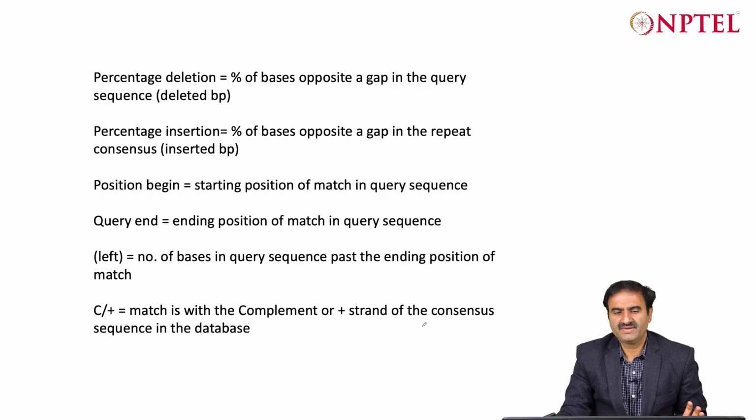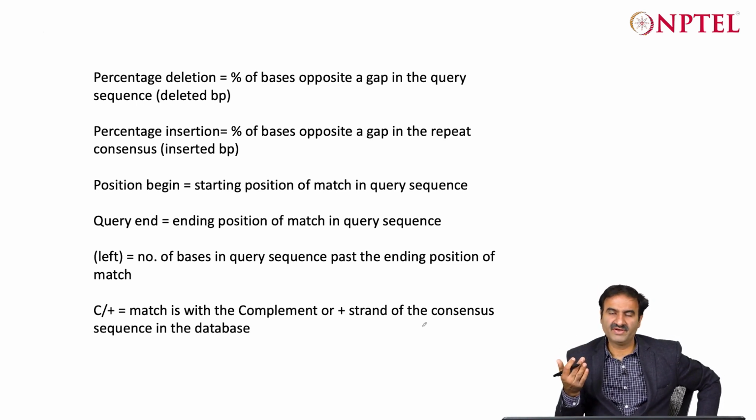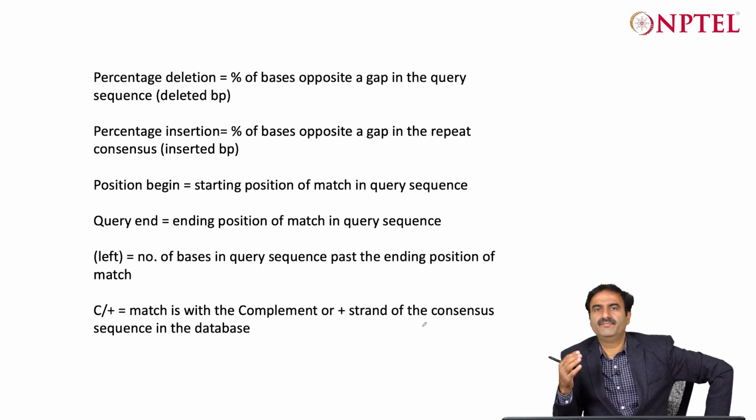Percent deletion, percent insertion, position start, and I think I explained all these things in the previous class also. So it gives you comprehensive information of where the repeat is exactly lying, how much it differs from the reference repeat, the changes you have found in your repeat in terms of percent deletion, insertions, and identity, right, and its score also.